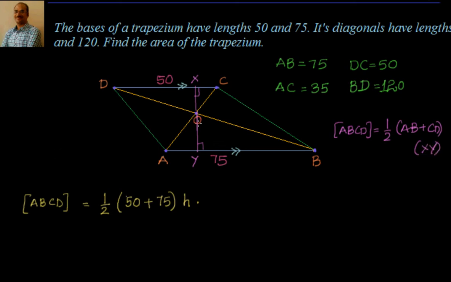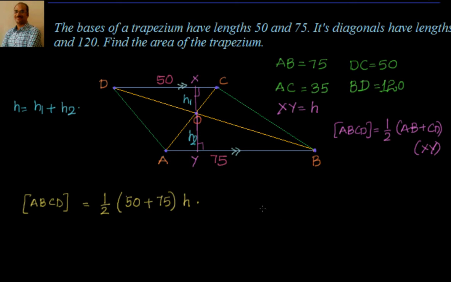We have to find the height XY, which we have taken as H. If I want to know the height, there should be some way to find the separate heights with respect to triangle OCD and also OAB. So I should find the height H equal to H1 plus H2.